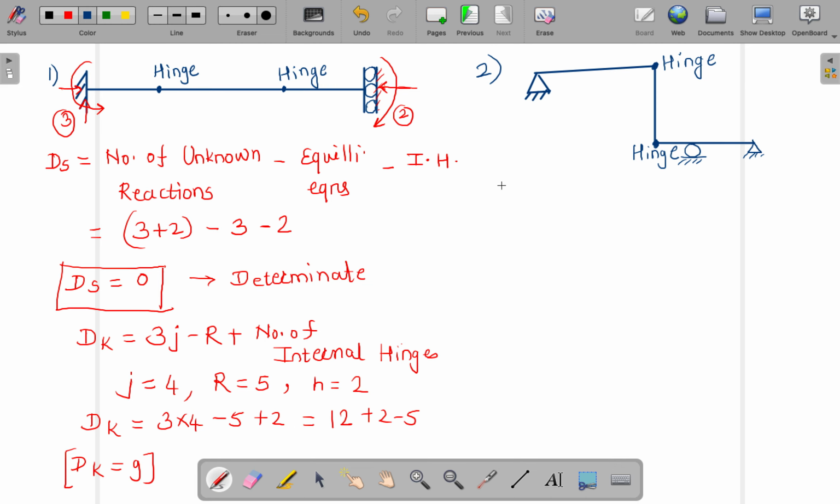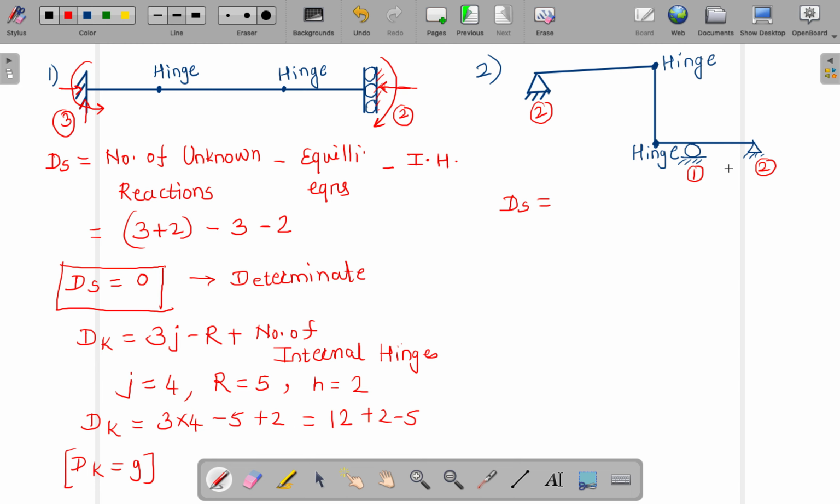Now let us find out the kinematic and static indeterminacy. For static indeterminacy, quickly you also solve with me. How many unknowns are there here? Hinge support means two unknowns, one vertical and one horizontal reaction. This is one unknown. Here it is again a hinge support, two unknowns.